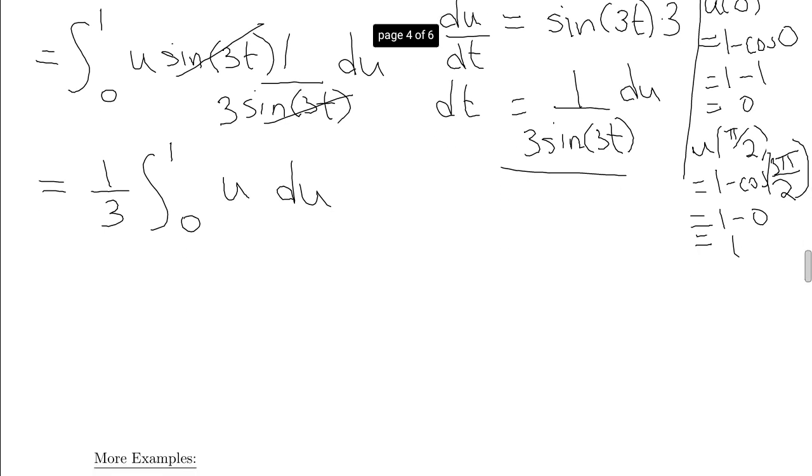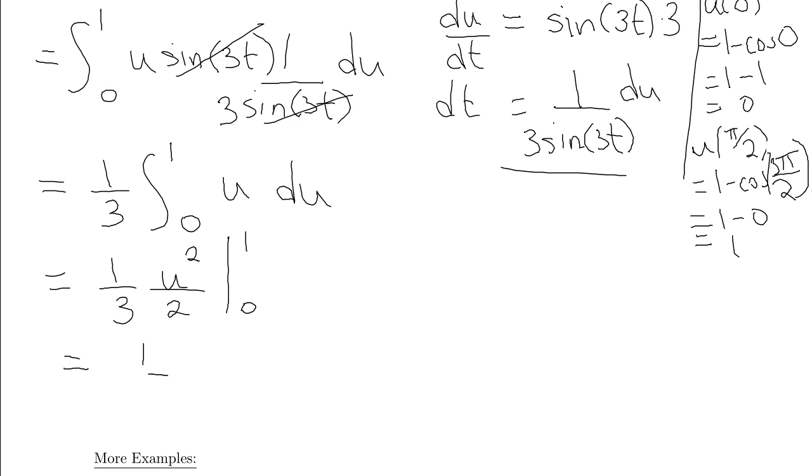And so again, I can just use the power rule on this. So my antiderivative is going to be u to the power of 2 over 2. And remember, we still need to evaluate it between 0 and 1. So simplifying this a little bit, this is 1 over 6 u squared evaluated between 0 and 1. And so you might be tempted at this point, because when we had indefinite integrals, at this stage we would plug back in our choice of u.